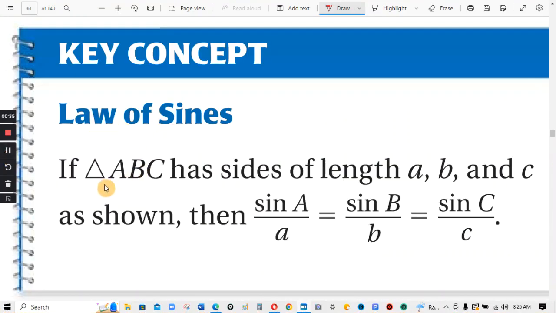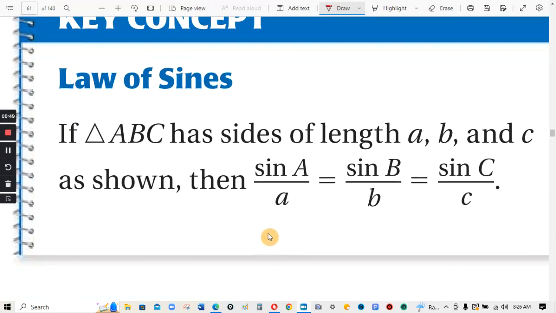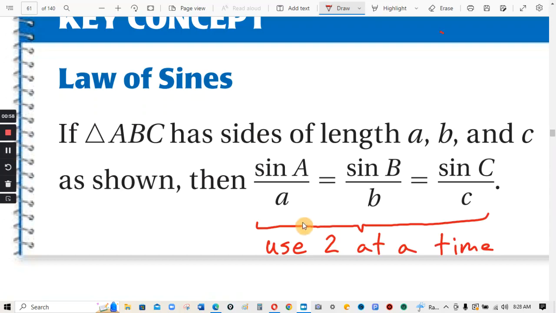Law of sines. If triangle ABC had side lengths of a, b, and c, as shown, then the sine of A divided by a equals sine of B divided by b equals sine of C divided by c. Generally speaking, out of these three fractions, you only use two at a time. The capital letters represent the angle measurements at those vertices, and the lowercase letters are the side lengths.